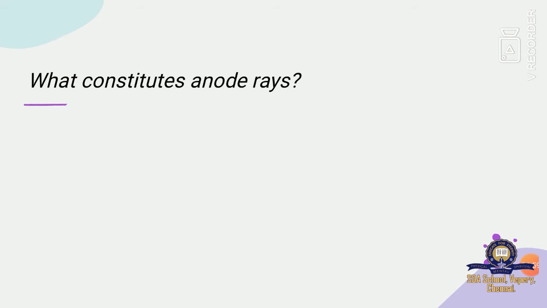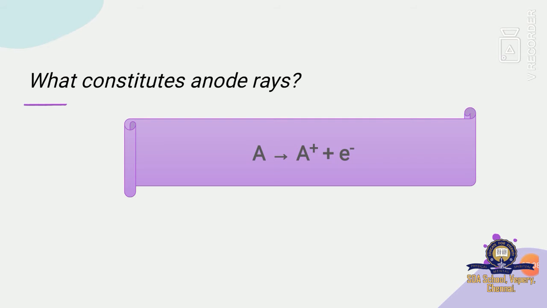The next topic is what constitutes anode ray. So here you can see an equation. A gives A plus plus e minus. This e minus refers to cathode ray, which is electron, and this A plus refers to anode ray, which is proton.